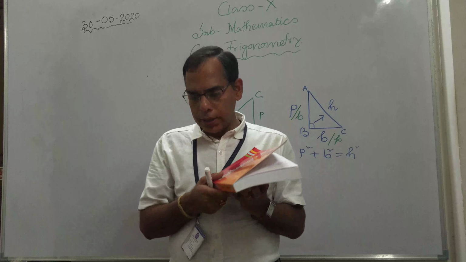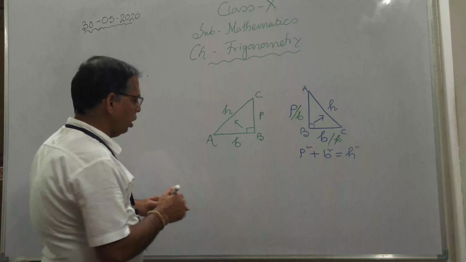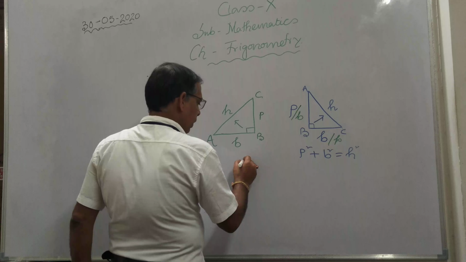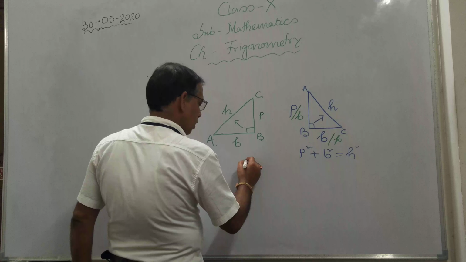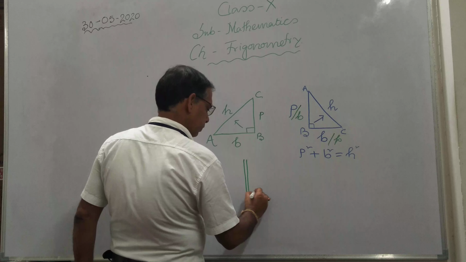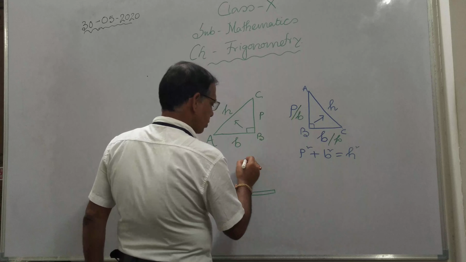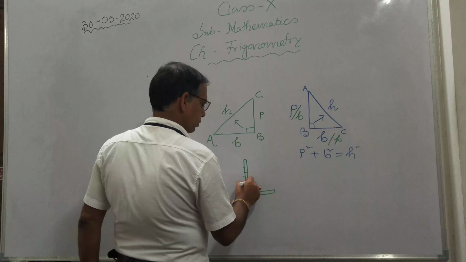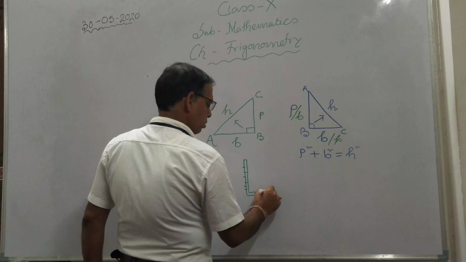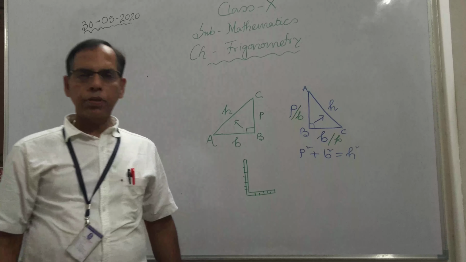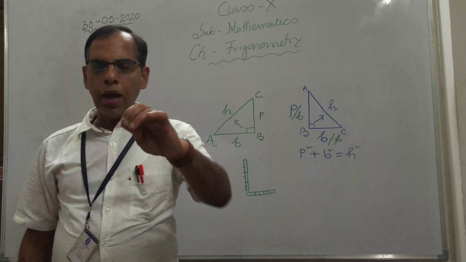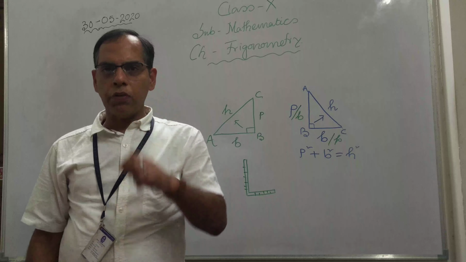If you have noticed, you will find with the carpenter this type of scale, and there will be marking, same as our scale, but this L type of scale. Now what is the application of this?